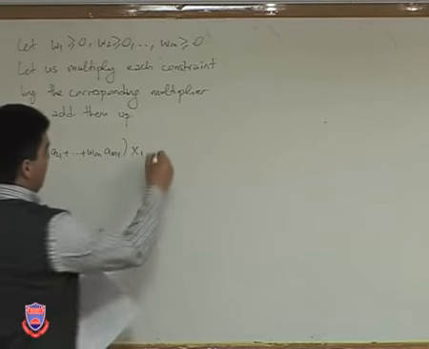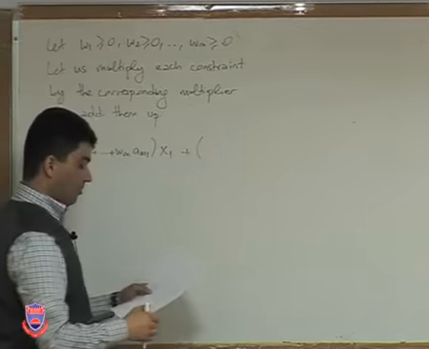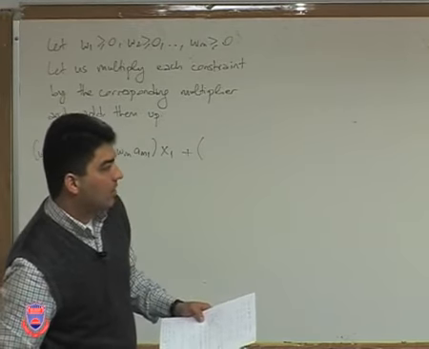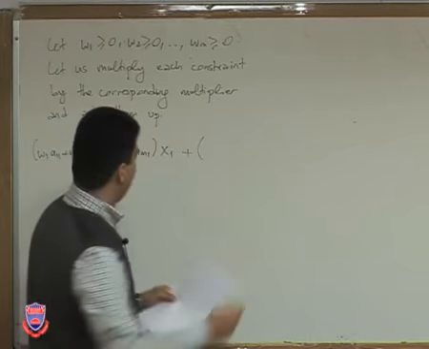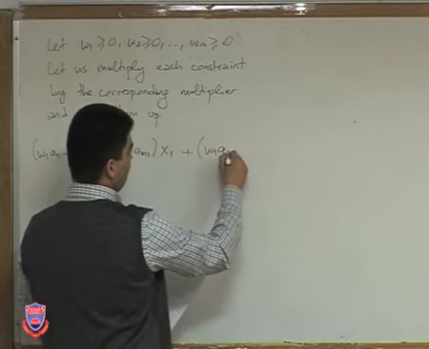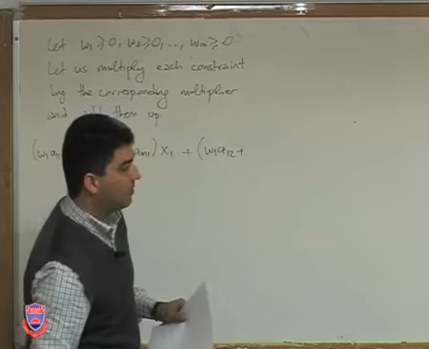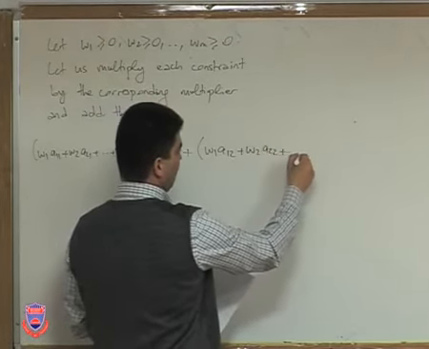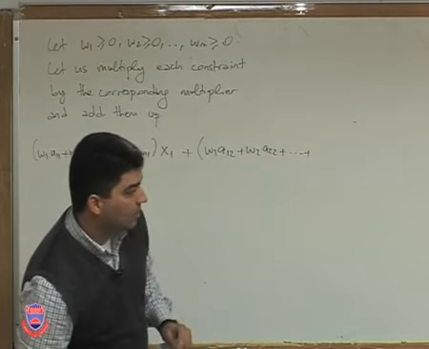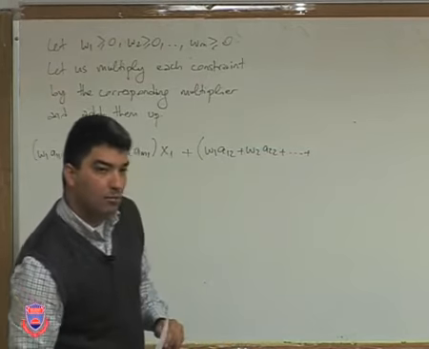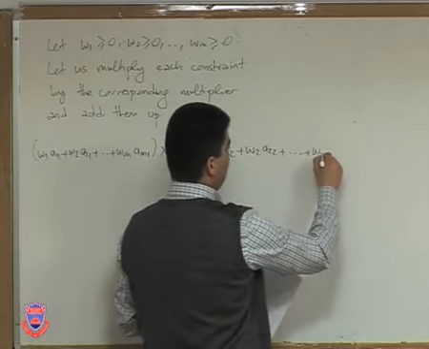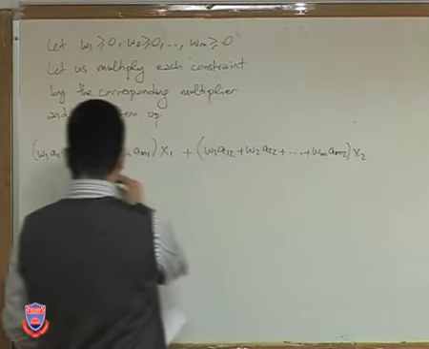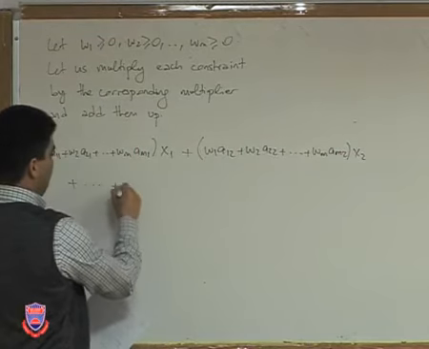This will be the coefficient of x1. What about the coefficient of x2? W1 times A12 plus W2 times A22, all the way up to Wm times Am2, and I'm going to multiply it by x2 plus some other components.